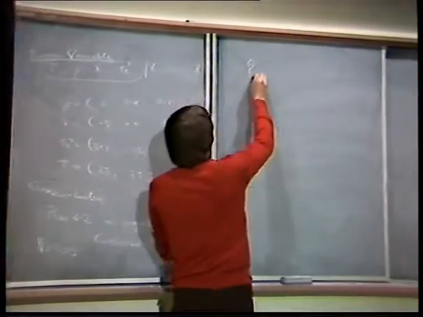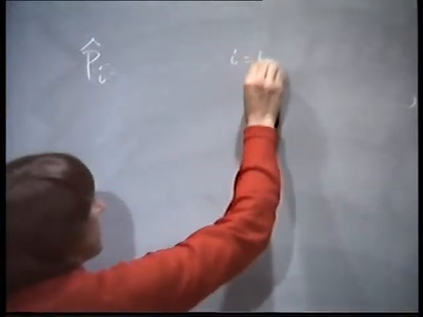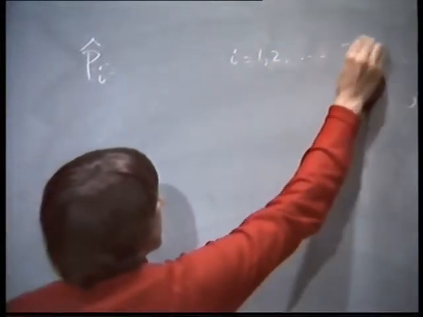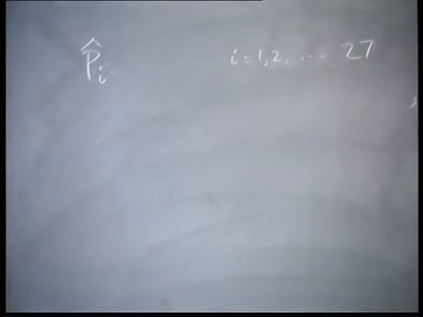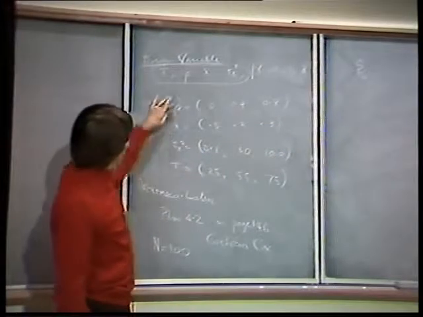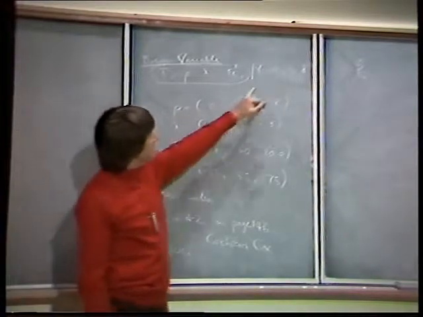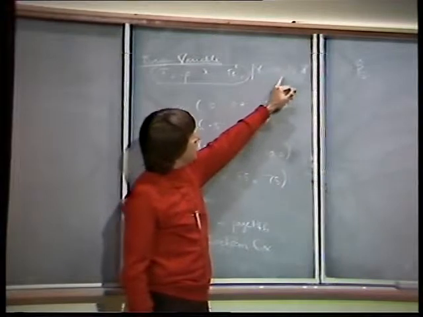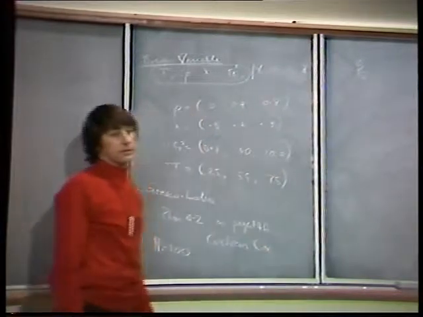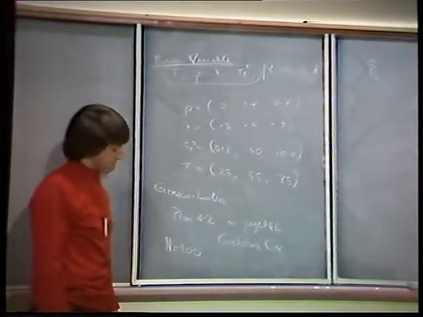And we have p hat i's, i going from 1, 2, through to 27 for the 27 experiments. Given the Greco-Latin design on these variables, that gives us 9 experiments, each of those repeated for gamma equals 0, 1, and 2, giving us 27 altogether.